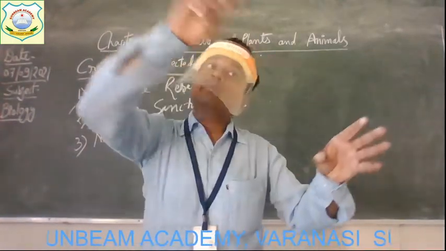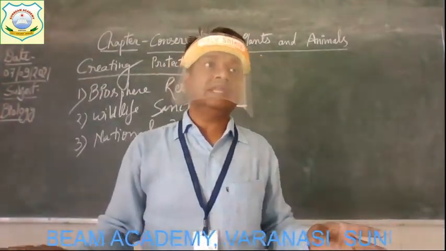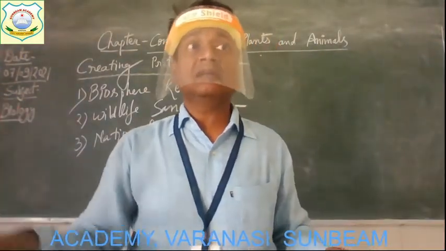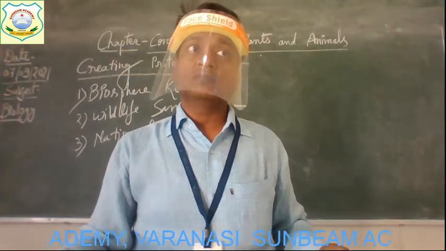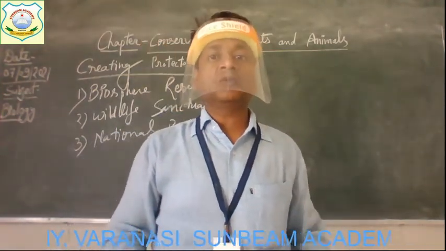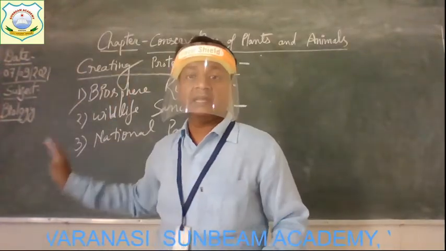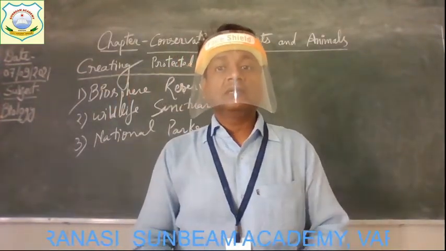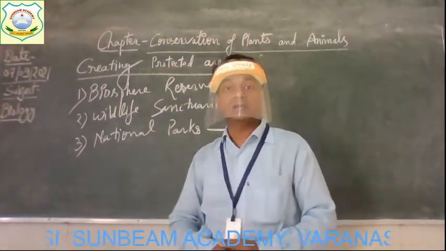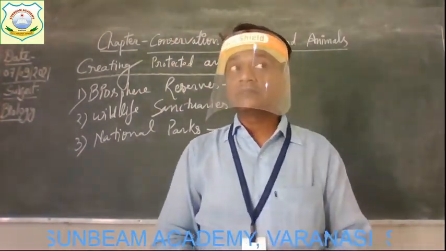The overall biodiversity of that area, including plants and animals. Okay, so overall species of plants and animals are protected in such areas. And these areas are known as biosphere reserves. What are they known as?